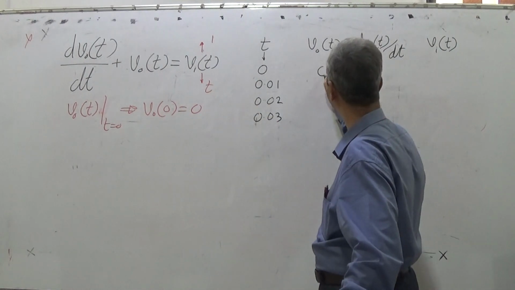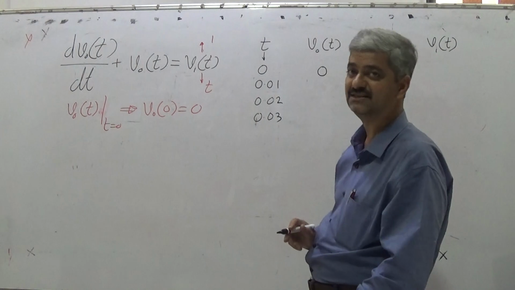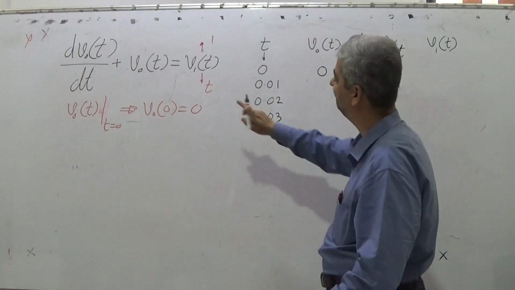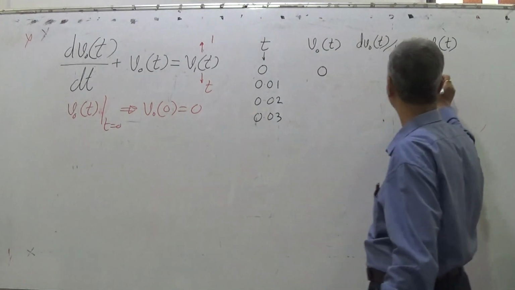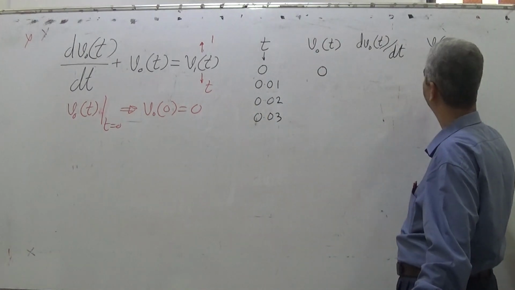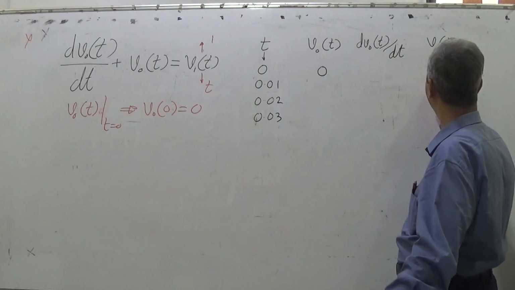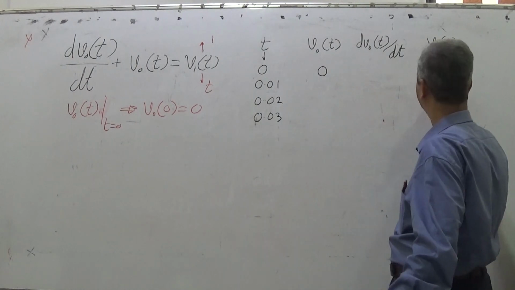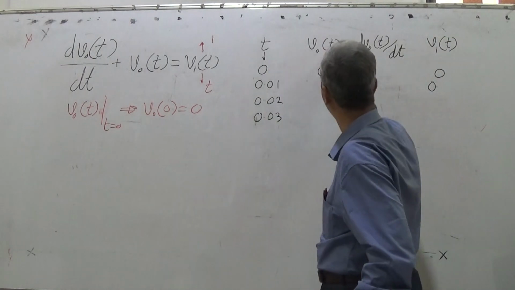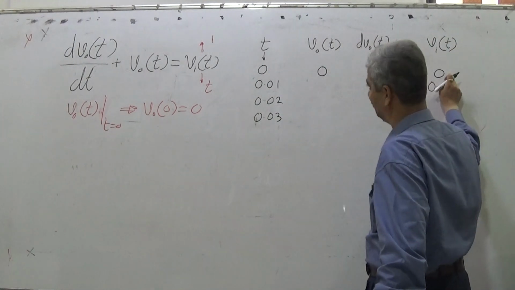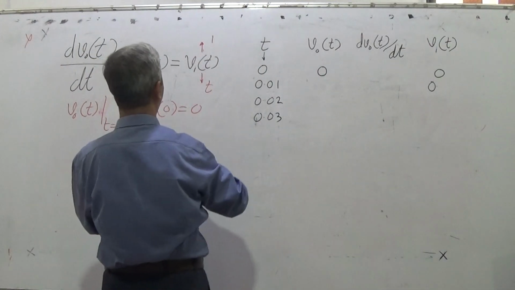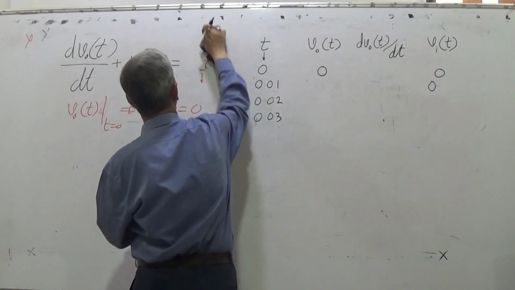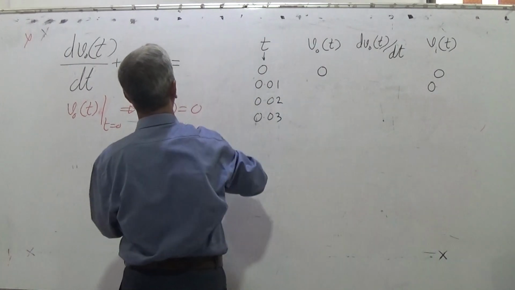That you know, that is 0. What is V in 0? V in t is t, so V in 0 is 0. What is the differential equation now? We are solving for V in t equal to t.